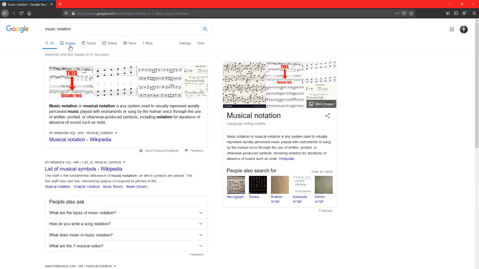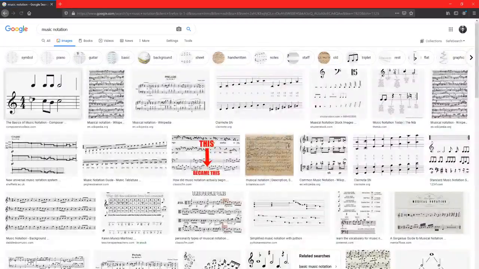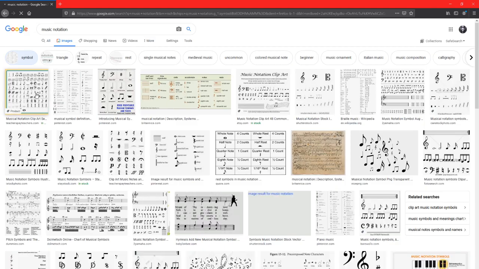Let me see, list of music symbols. Please don't be anything bad. Notes. Music notation. This is probably not the right stuff.